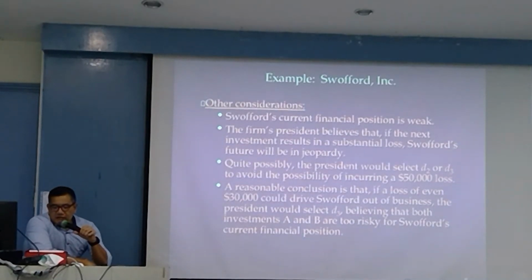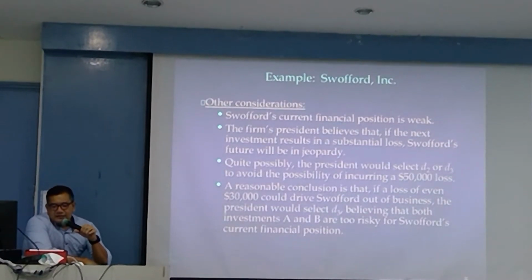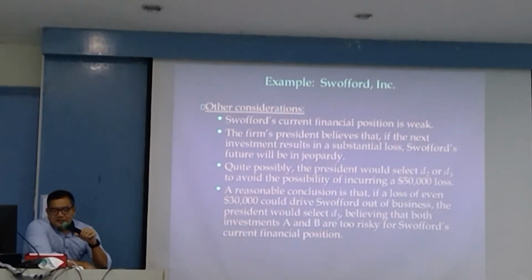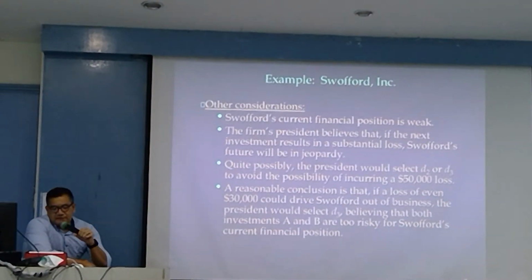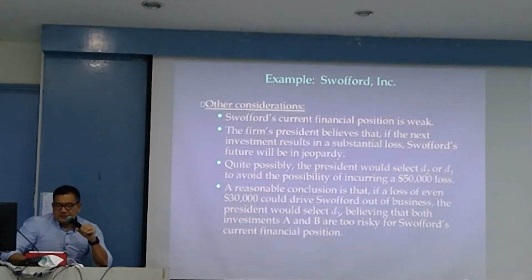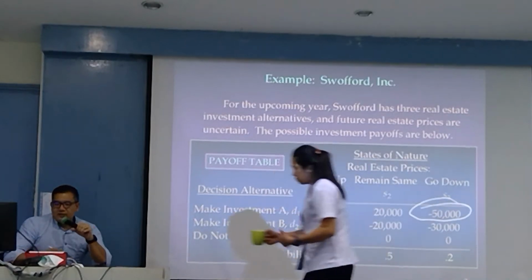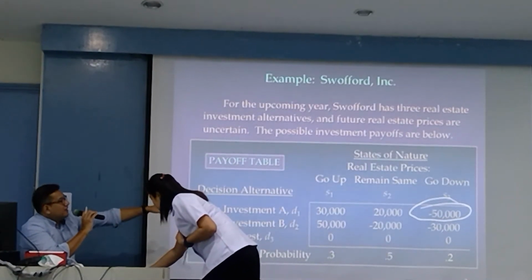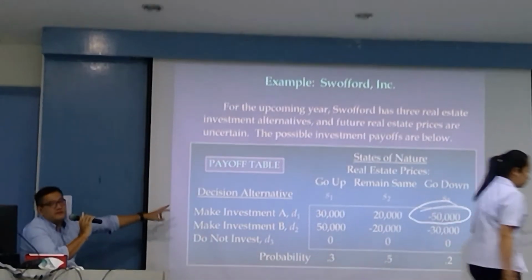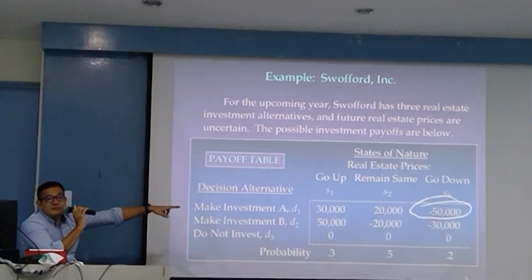So the president or CEO might select the second or third alternative in order to avoid the first one, in the case that the price is going down. Because if the price of real estate goes down, with the first alternative you lose 50,000.